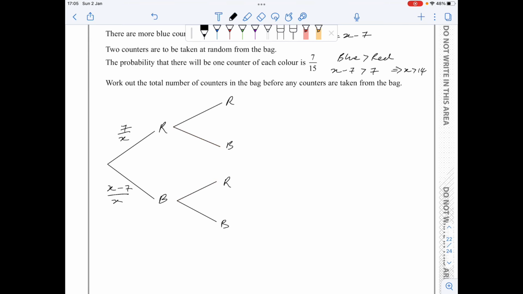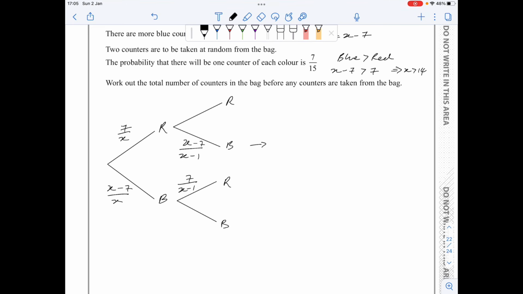Now, if the first counter is red, then the total decreases by 1, but the number of blue counters stays the same. So I've got x minus 7 over x minus 1. And then for the branch below, if the first counter is blue, then the total decreases by 1, but the number of red counters stays the same. So I've got 7 out of x minus 1.